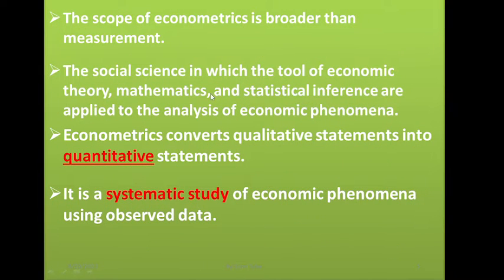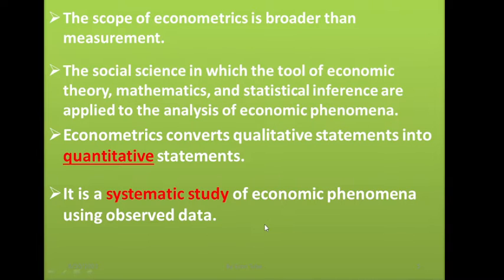So the scope of econometrics is broader than measurement. This is a social science in which the tools of economic theory, mathematics, and statistical inference are applied to analyze economic phenomena. Econometrics converts qualitative statements into quantitative statements.